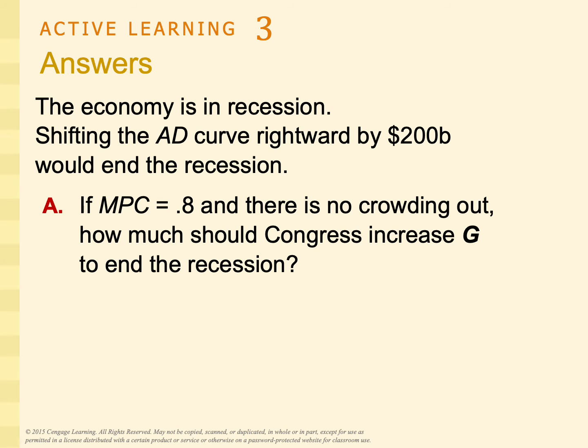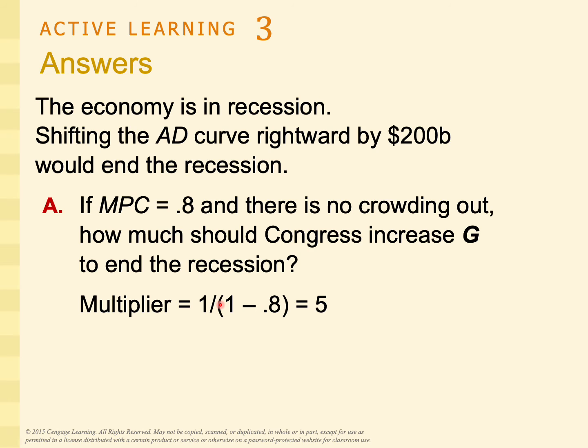So let's go over the first one, right? Again, you have to first calculate the multiplier, which is 1 divided by 1 minus MPC, which in this case is 0.8. 1 minus 0.8 is 0.2, and 1 divided by 0.2 equals 5. So the multiplier is 5. And so any government spending that occurs will be multiplied by 5.